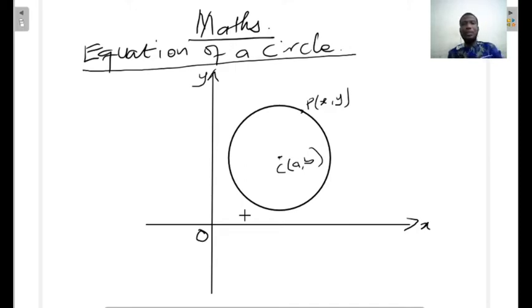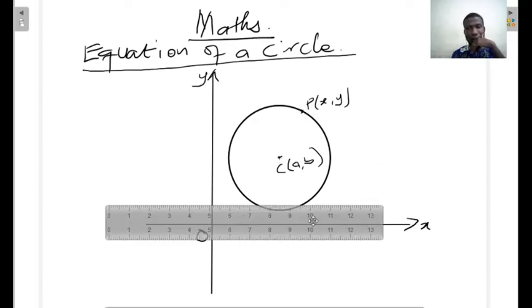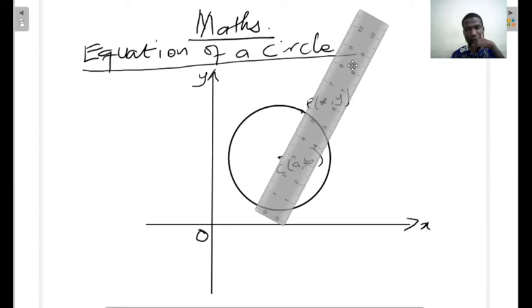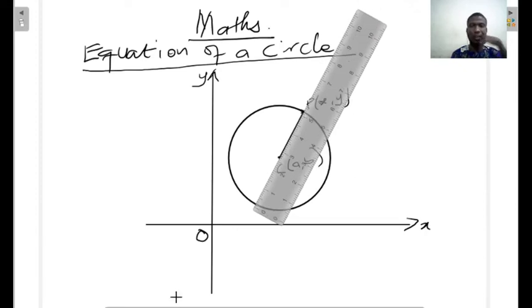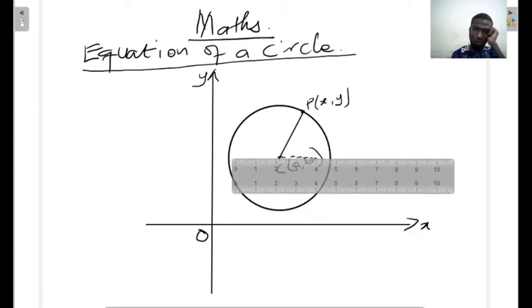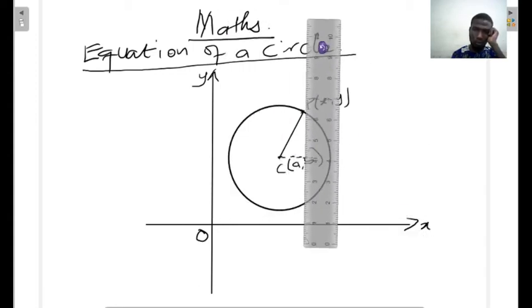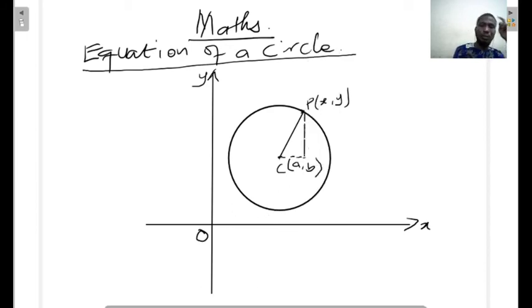So if we have this circle and we decide to join the center and the point to have the radius, and I decide to create a right angle triangle with it, good.